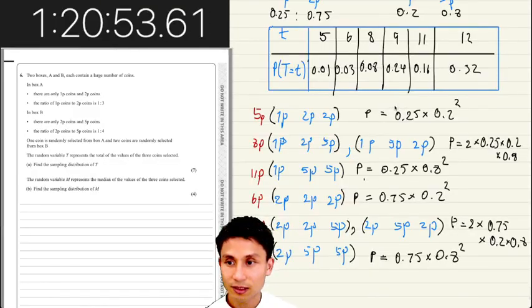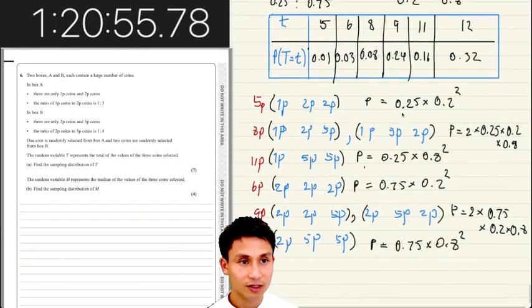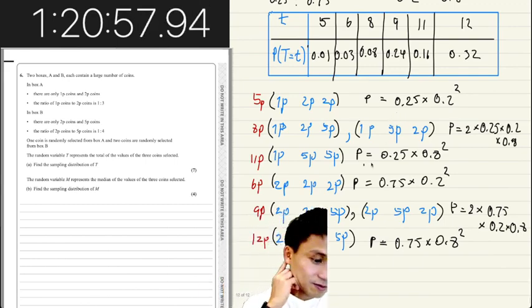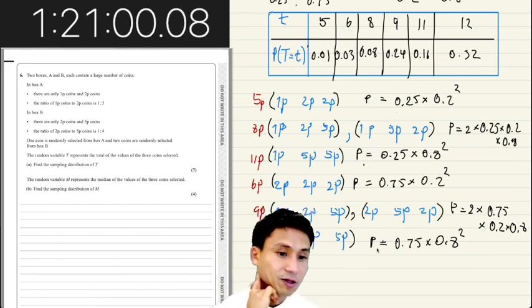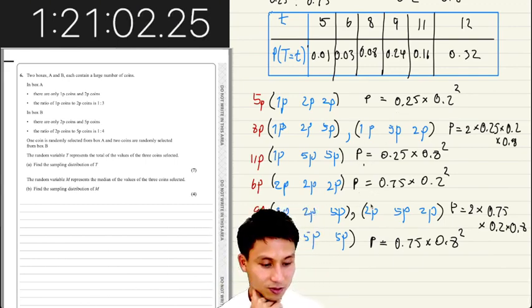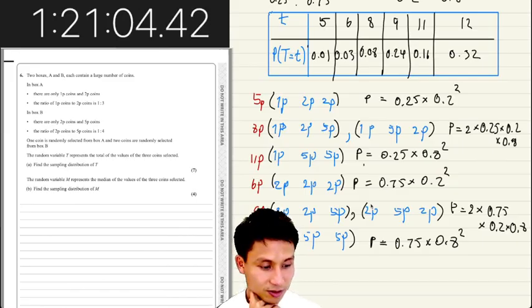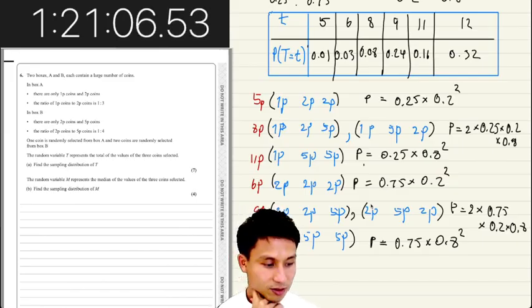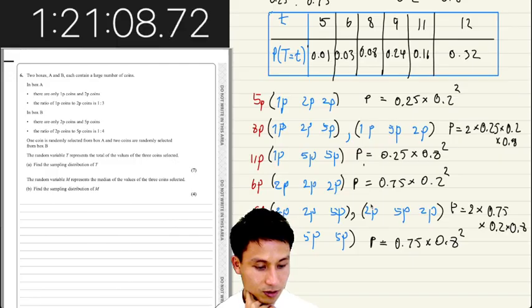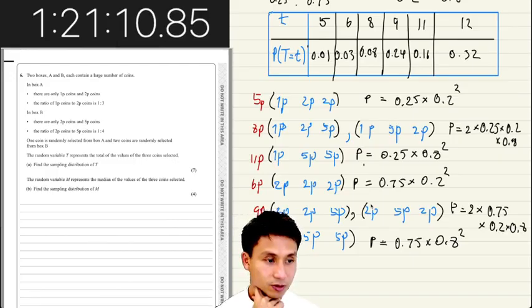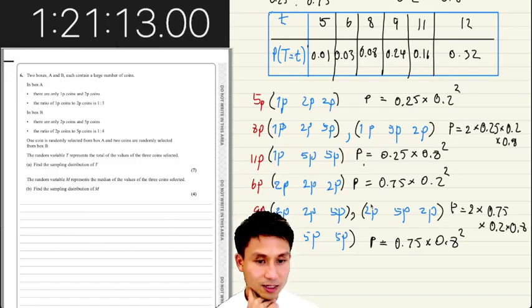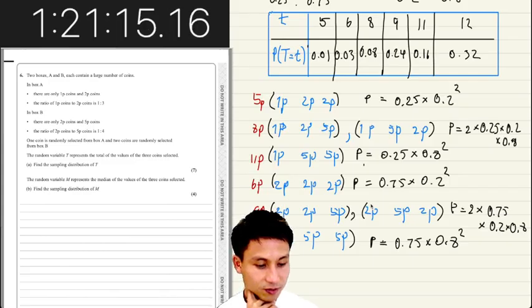That should be fine. Okay, I'm going to check the 11. So 0.25 times 0.8 squared. Wait, 1.6, yeah. The last case, 0.75 times 0.8.